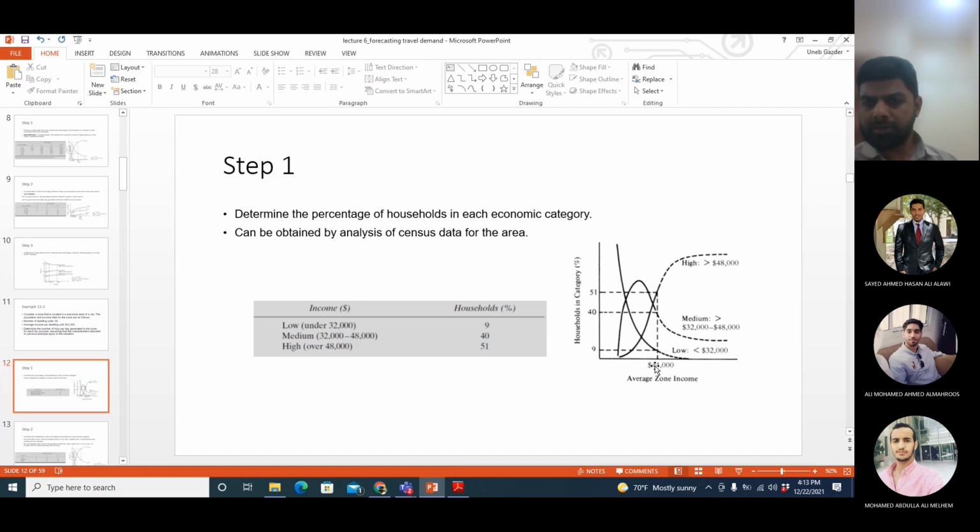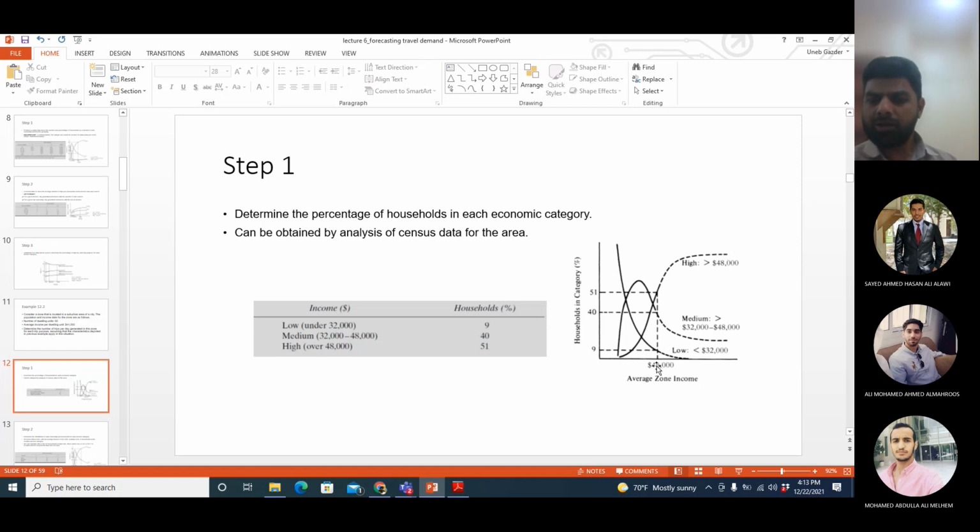The line intersects the low income category at a point showing 9%. Then you extend the line towards medium income, and the percentage you get is 40%. Then you extend it towards high income, and the percentage you get is 51%.